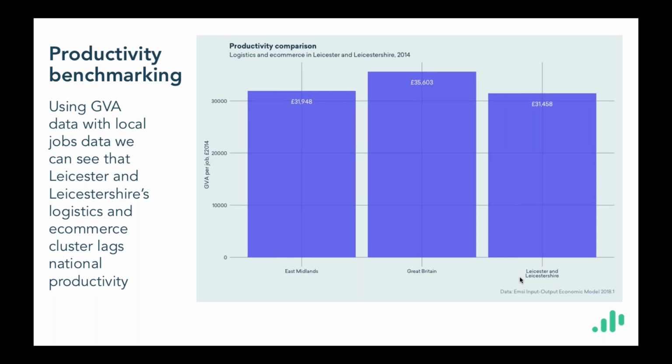It could be because, knowing as we do the logistics and e-commerce cluster within Leicester and Leicestershire, we know that it's weighted more towards the logistics side of that, which will generate less GVA than the e-commerce side of that cluster. But you can see there a national comparison and a comparison with the wider government office region of the East Midlands.